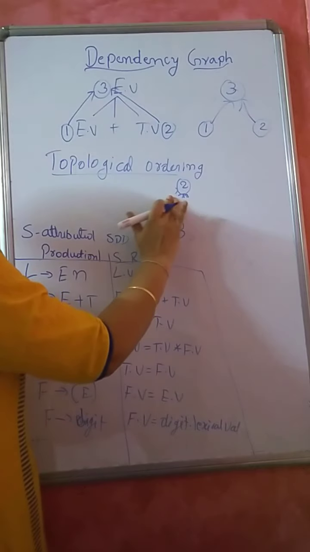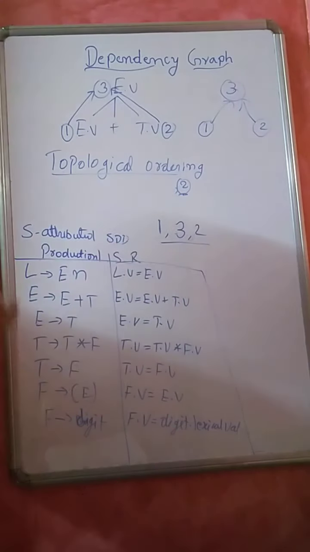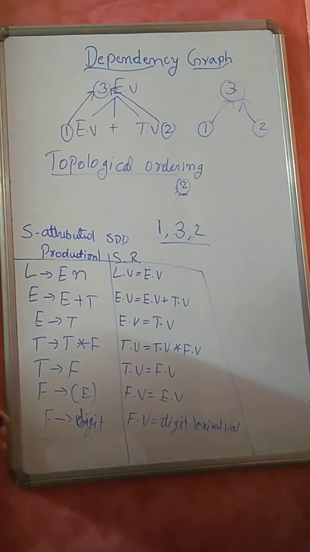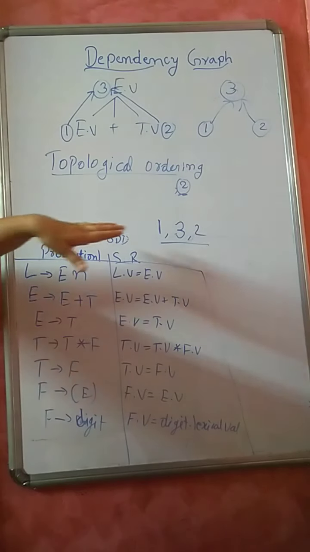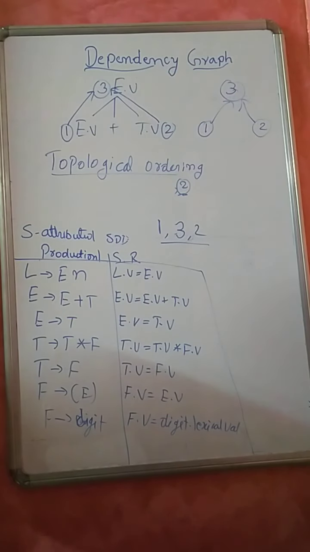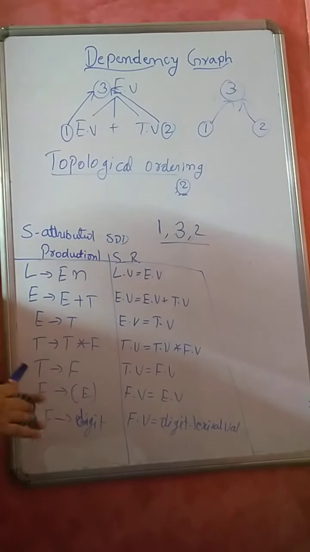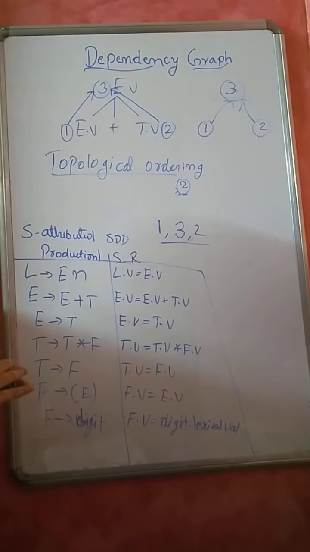Then again I will remove this along with its outgoing edges. Finally 2. So this is the topological ordering you are getting for any given graph. That is how you will obtain the order of the evaluation. The order of the evaluation will be obtained by performing a topological ordering.